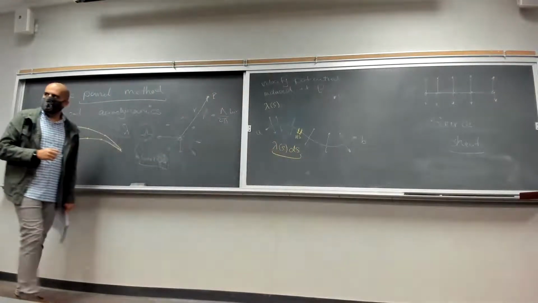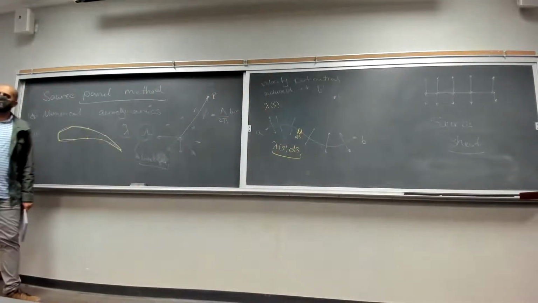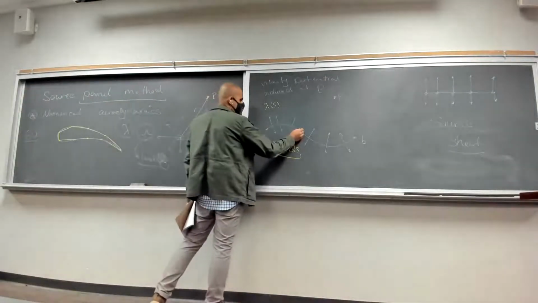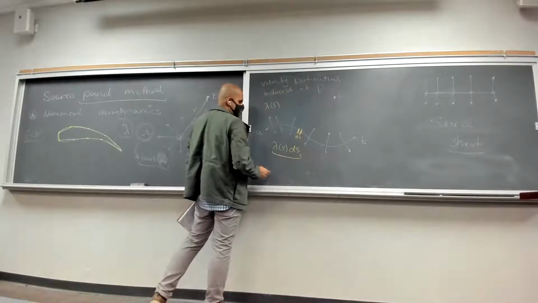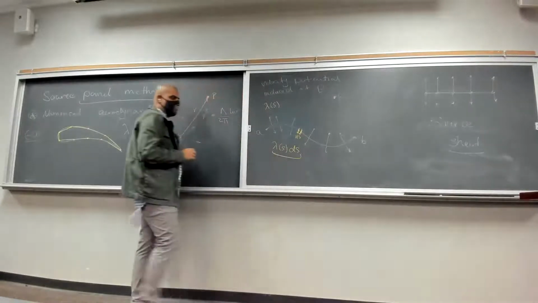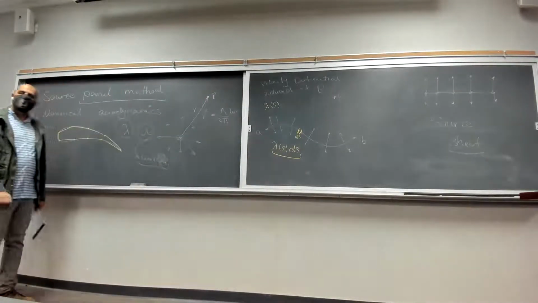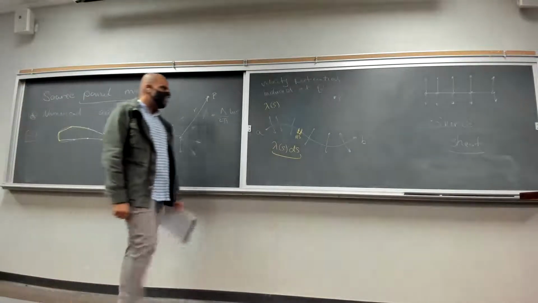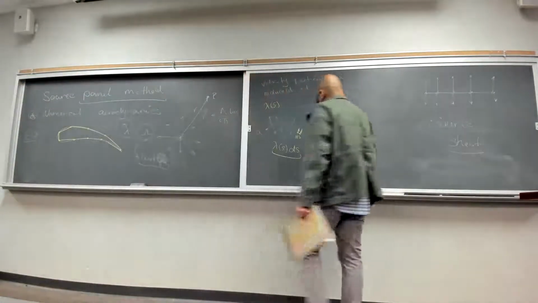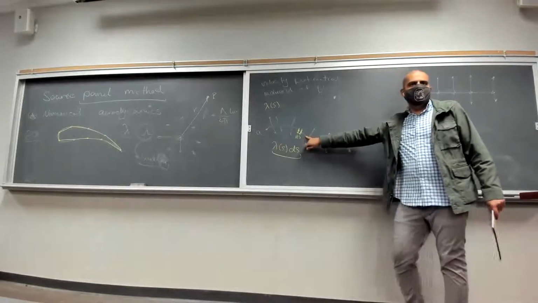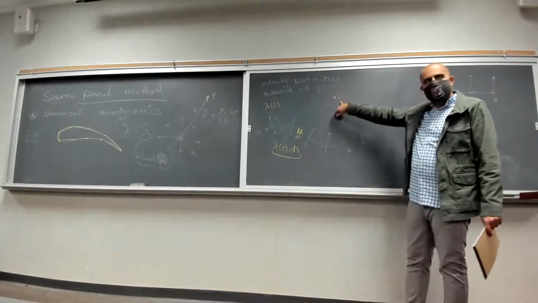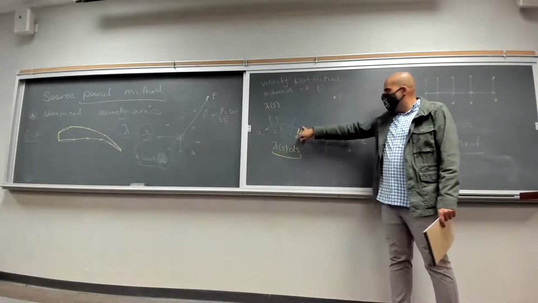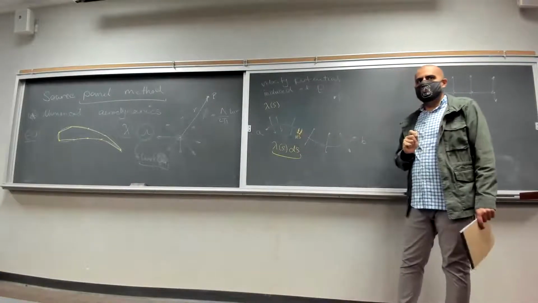Does it make sense? So it's essentially a couple of unknown number of sources that are going to be inside this ds, and their strength is going to be lambda multiplied by the length of that ds. So what will be the velocity potential induced at P by this small section of the source sheet?